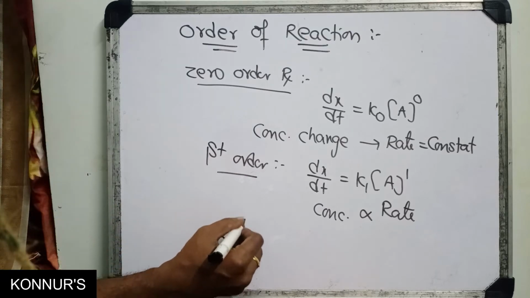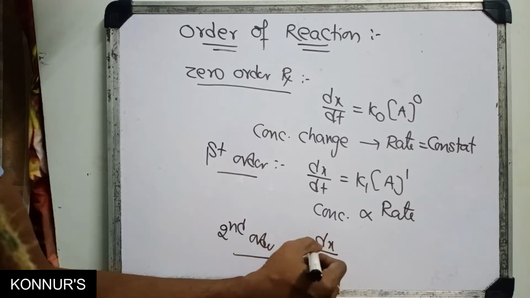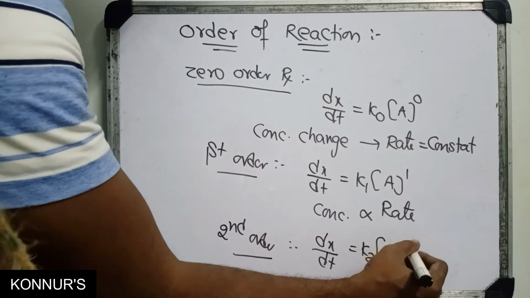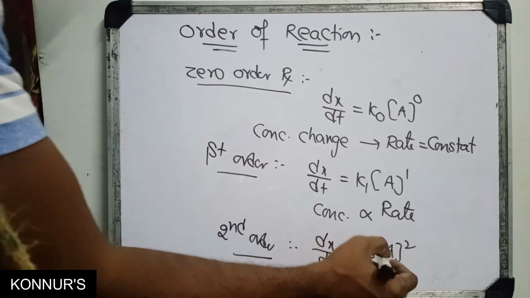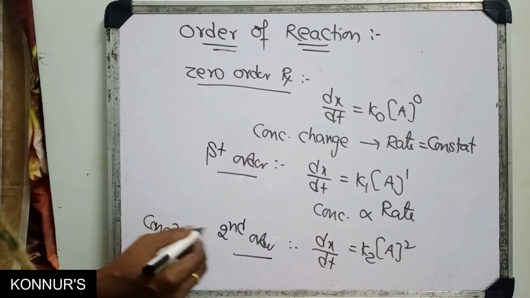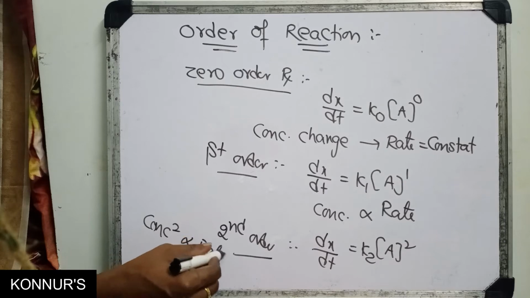Suppose you take a second order reaction. So dx by dt equals k2 into a square. That means concentration squared is directly proportional to rate.